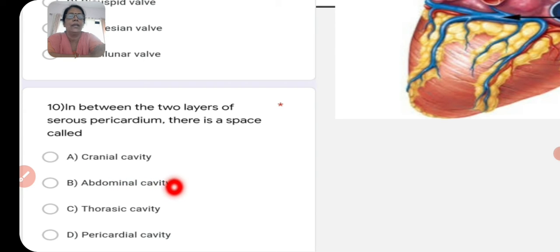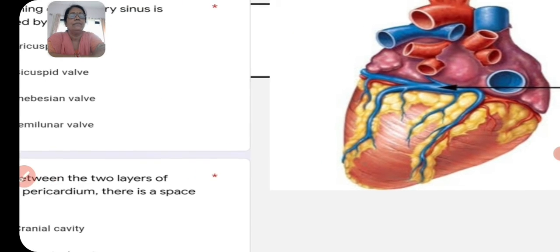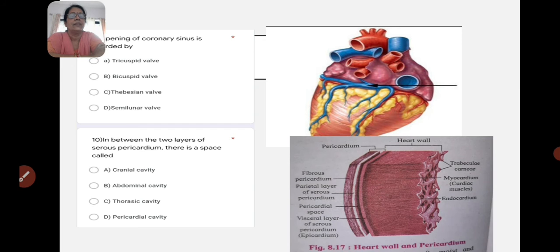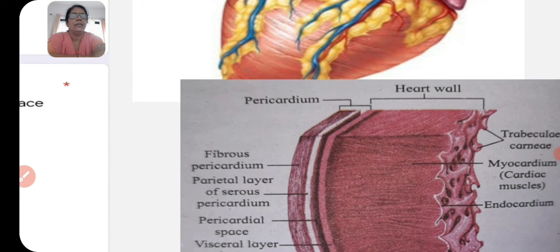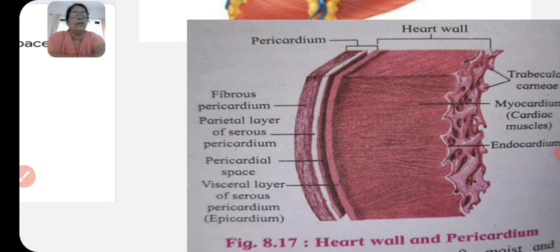Cranial cavity is in the brain, abdominal cavity and thoracic cavity you already know, and then the pericardial cavity. This is the pericardial cavity, the space around the heart wall.